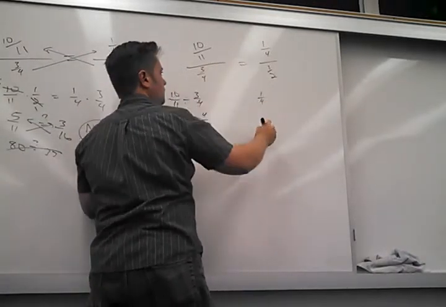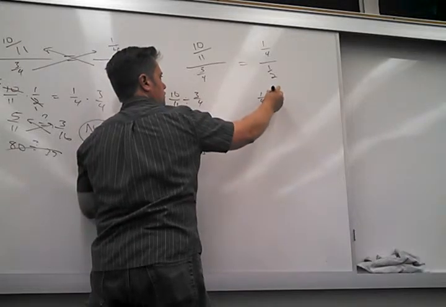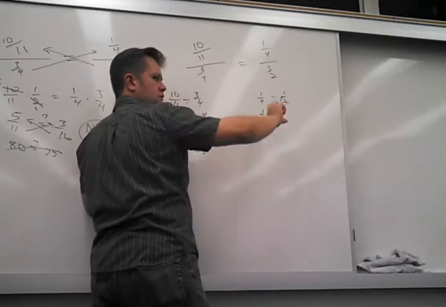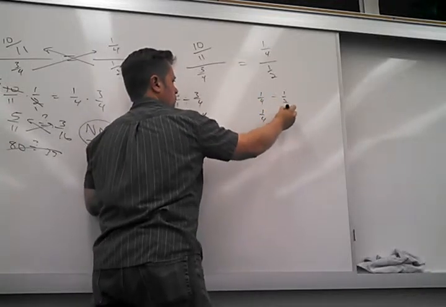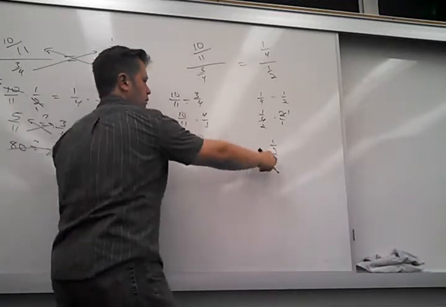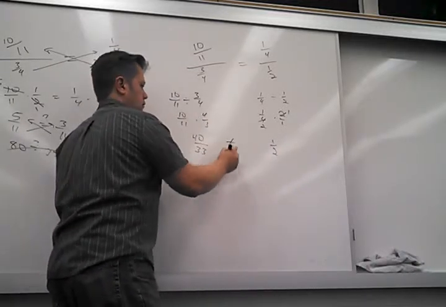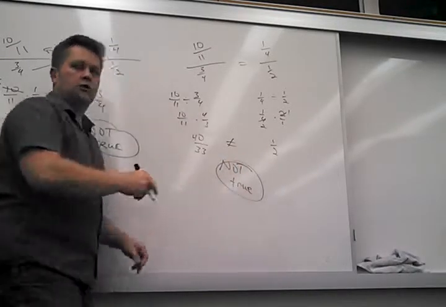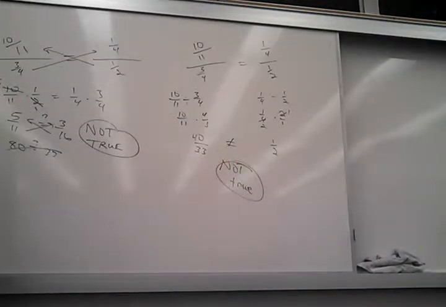It'd be 1/4 divided by a half, so 1/4 times 2 over 1. It'll be 1/2. Is 40 over 33 equal to 1/2? No, so not true. Thankfully, no matter which way you do it, it comes up to the same answer.